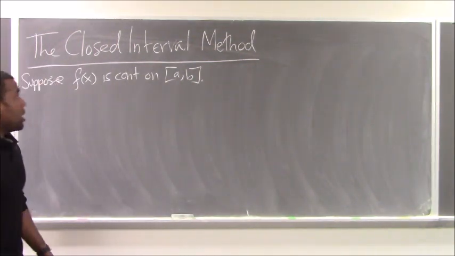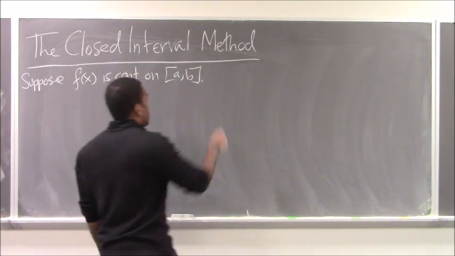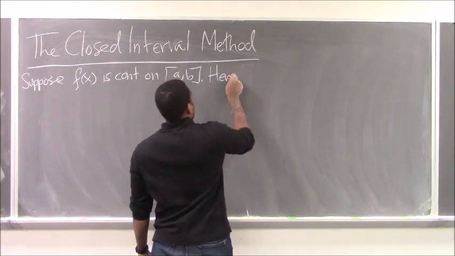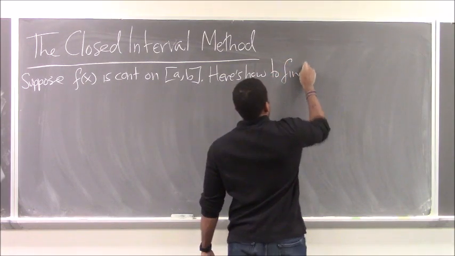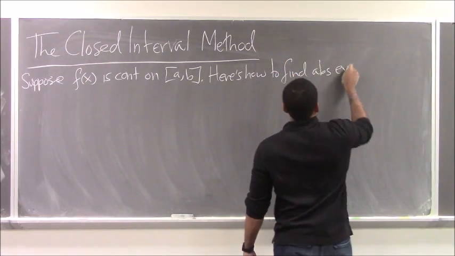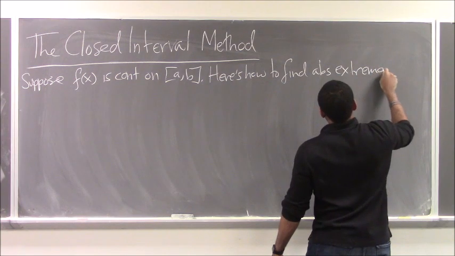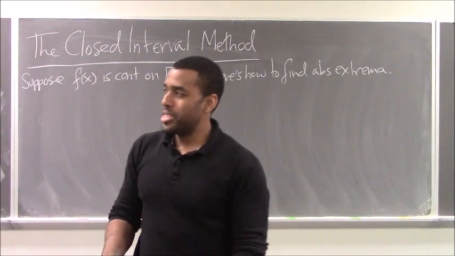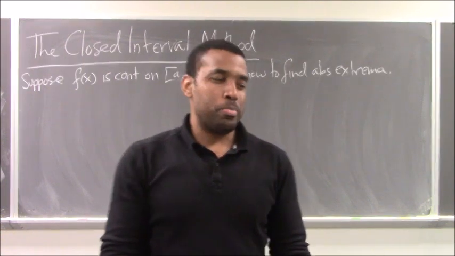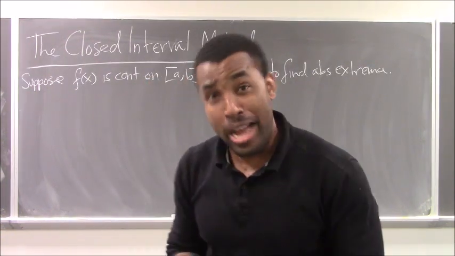So here's how we find the absolute extrema, which we know exist by the extreme value theorem. Every so often, I'd ask a question like this, and a student would respond with something like, oh, this function has no absolute max.